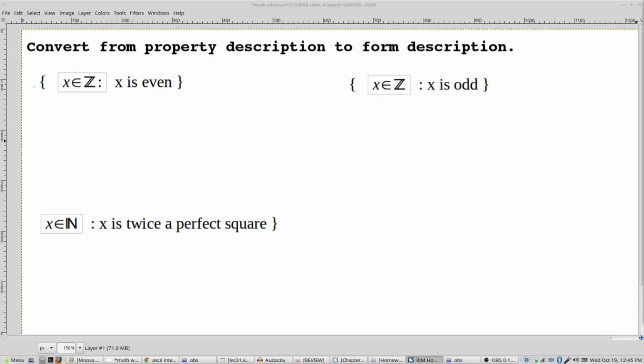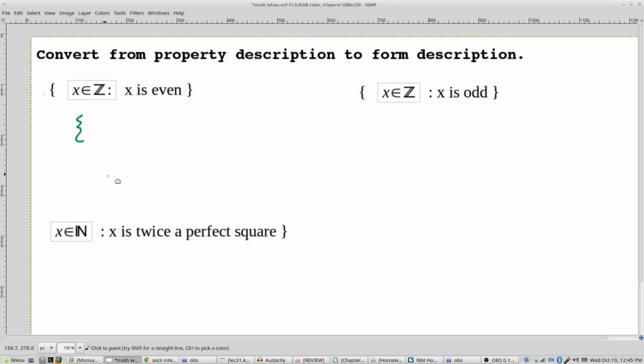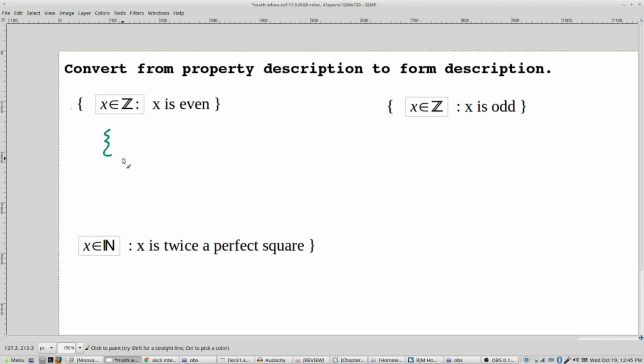Finally, let's look at converting the property description to the form description in our set builder notation. So here we have x is some element of a set. x is an integer and x is even, so again this is the set of all even integers. So for our form description, rather than talking in terms of x, this first part's just going to be basically the equation to get what that element would be.